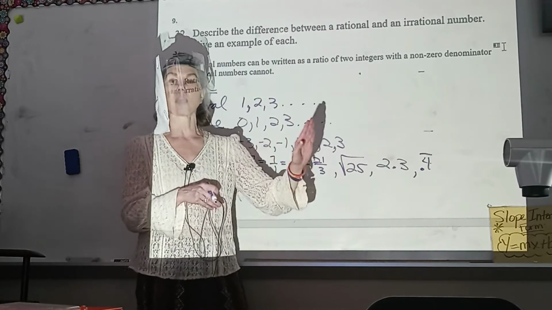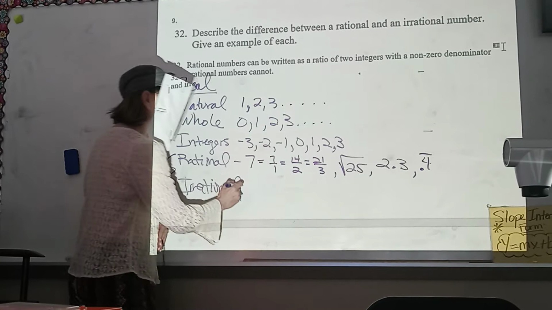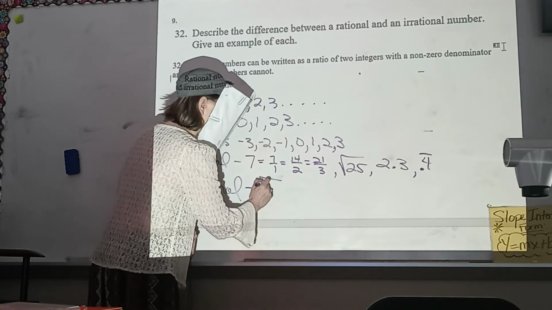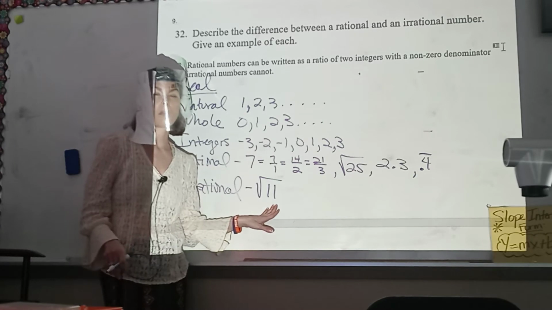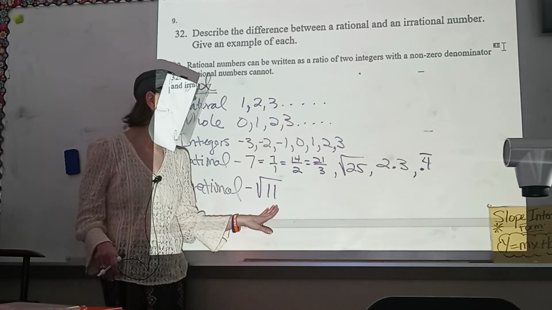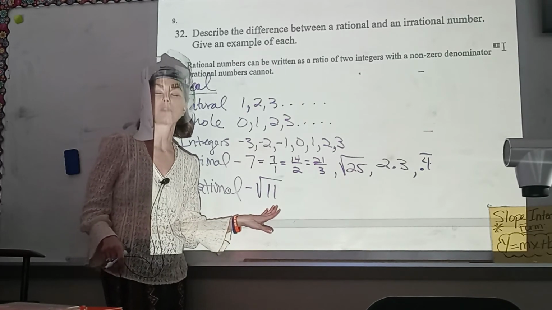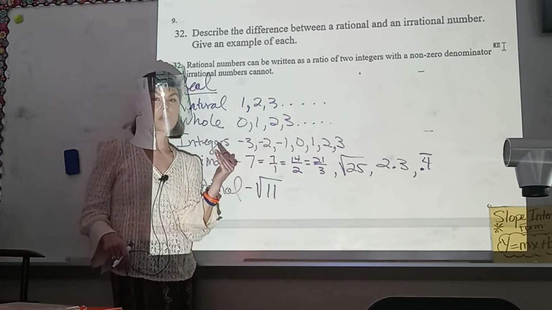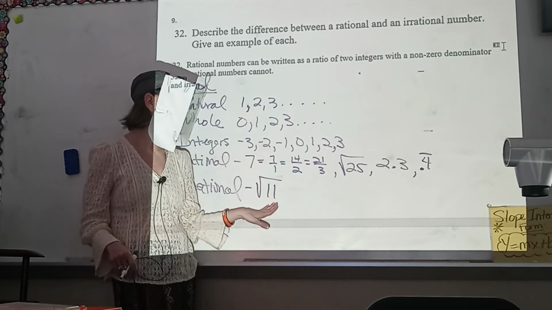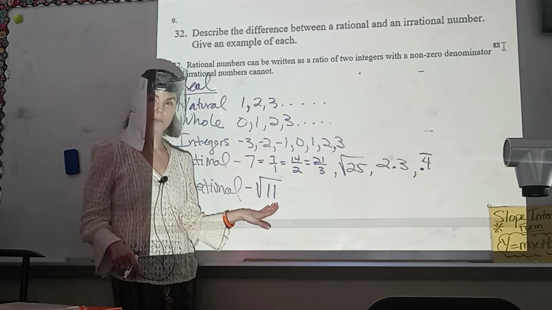Well, conversely, in the irrational category, you would have something like the square root of 11, a square root of a number that is not a perfect square. Remember, with rational, we had perfect squares in the rational category, so we have radicals that are not perfect squares.